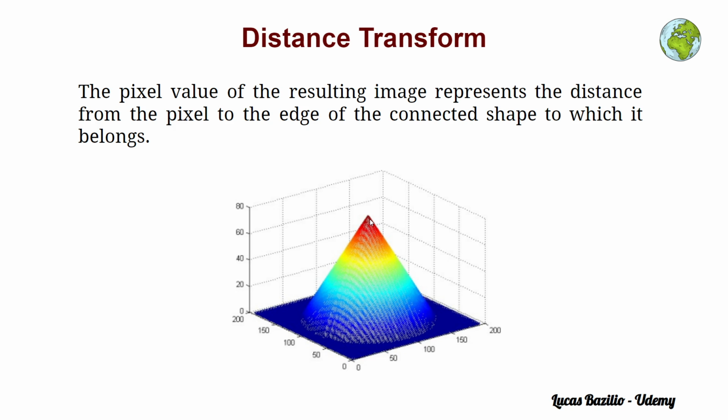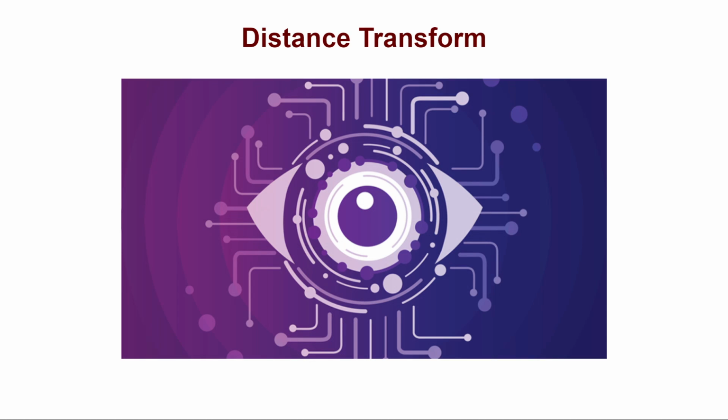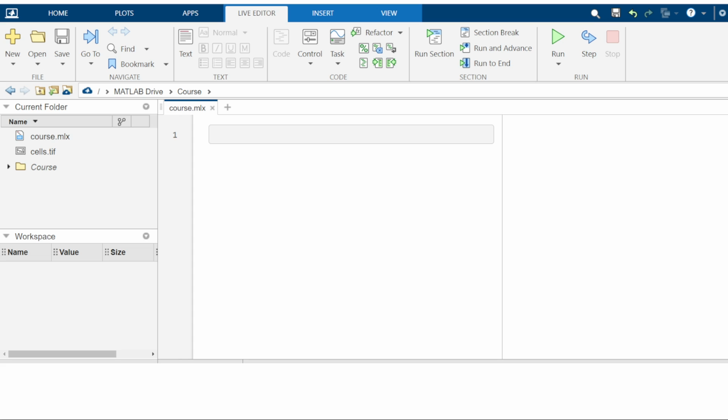And as we move closer to the edge, the distance is less, so the pixel also has less value. Very well, so with this we have all the information that we need to start working with the distance transform. Let's introduce this operation from the information that we already know, for instance erosions.